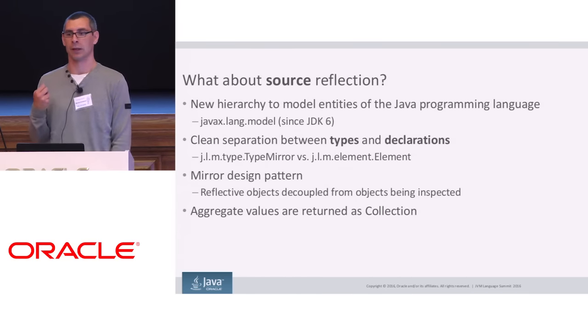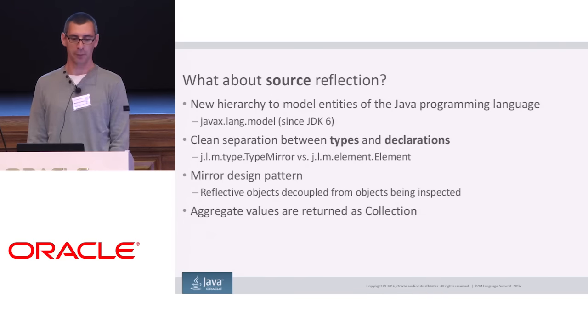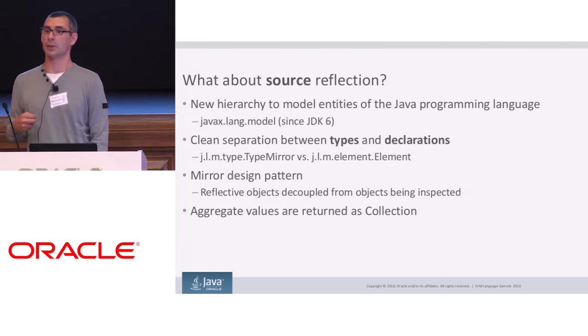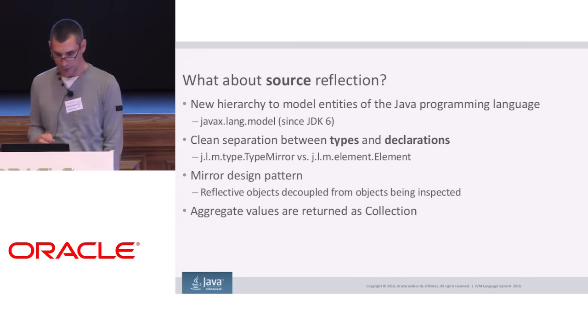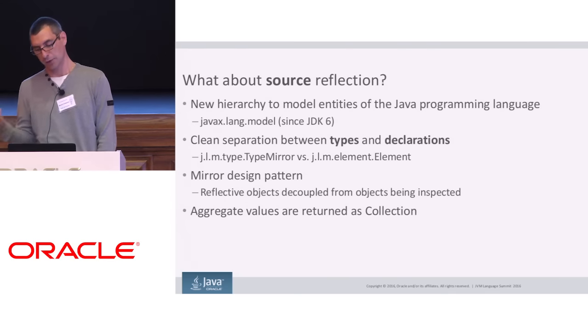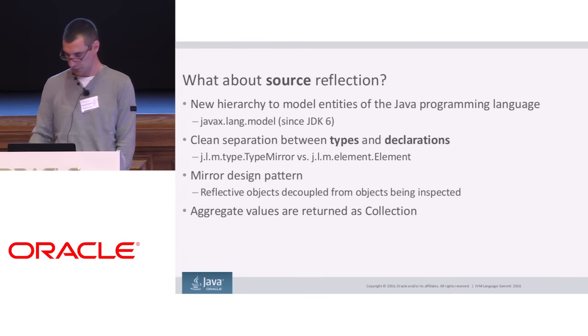It's all defined in terms of interfaces, hence the mirror term. And since it's defined in terms of interfaces, you can even implement this API and provide an implementation for core reflection on top of this. And that's what j.l.model did. It's also a slightly more modern API, so the aggregate values are returned as collections, not as arrays, which is nice to have because then you can interoperate nicely with streams.